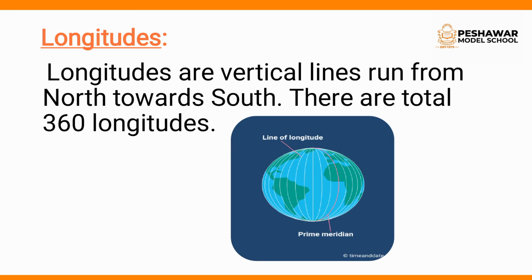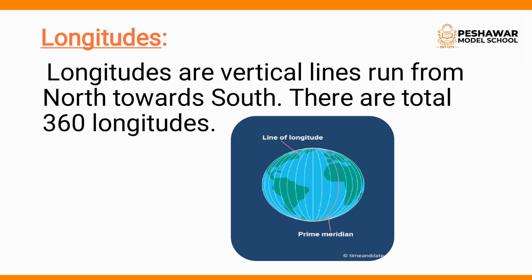Longitudes. Longitudes are vertical lines that run from north towards south. There are a total of 360 longitudes. If you look at this picture, the straight lines are known as lines of longitude. Among these lines there is also a red line. The red line shows the 0-degree longitude, and the 0-degree longitude is called the prime meridian.